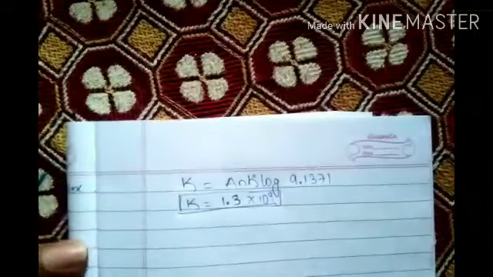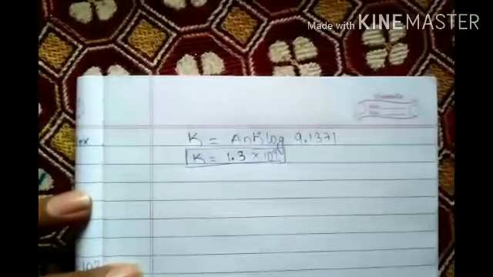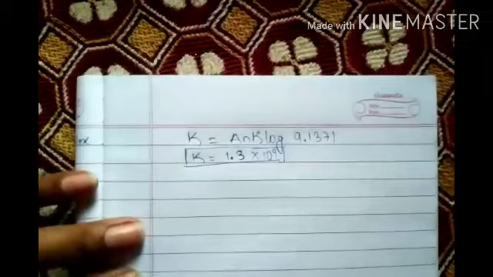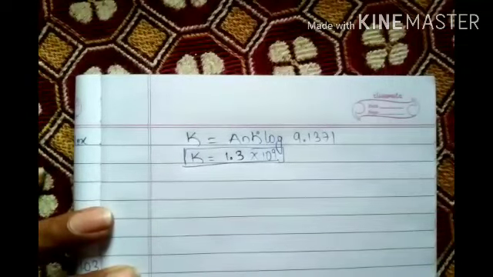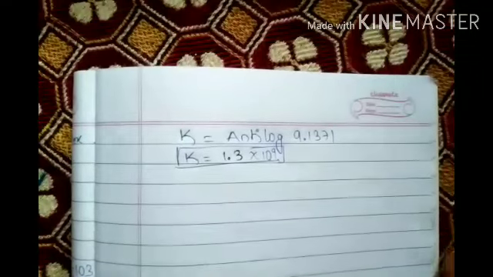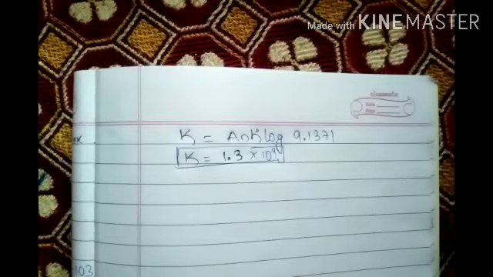This is the stability constant of the reaction. Got it? Calculate the stability constant, that is the formula. E cell equals 0.0591 by n log K. Got it? Now problem number 2.